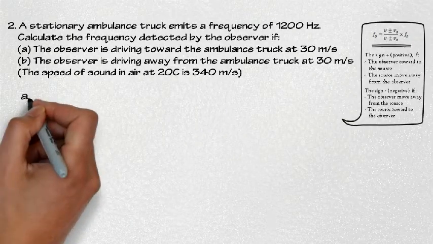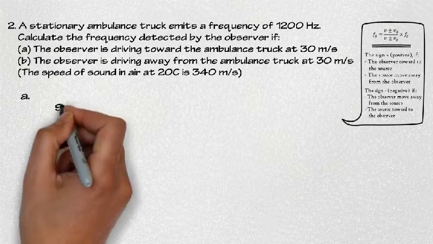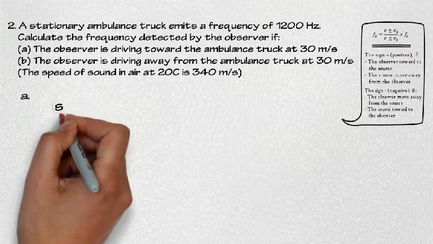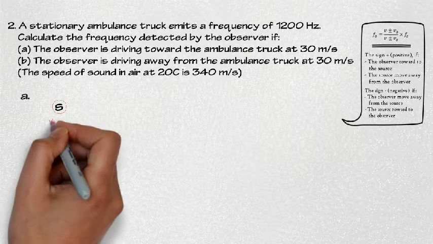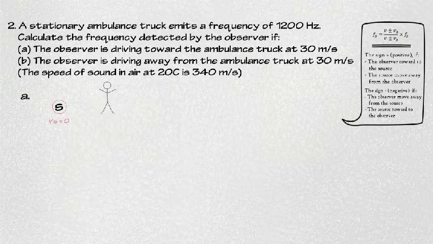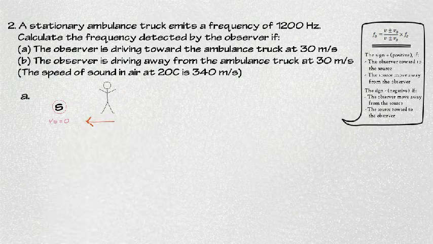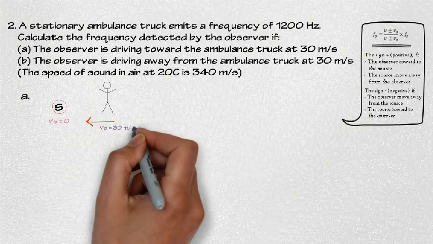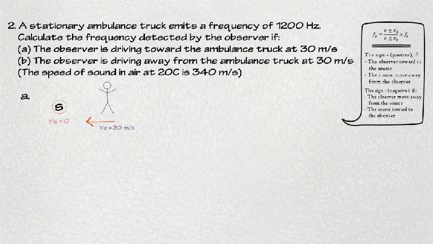Let's do point A. There is a stationary source, so the velocity of the source is 0, and the observer is driving toward the source with a velocity of 30 meters per second.